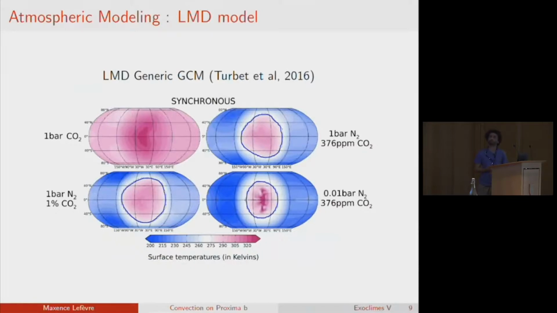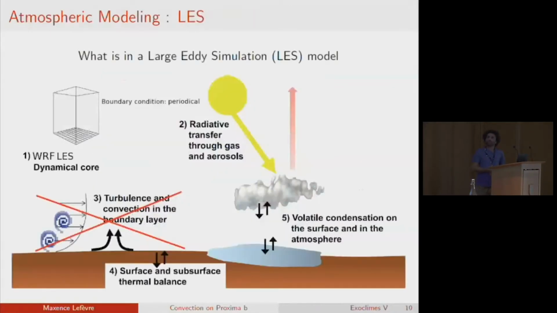So this is one of the models for the Proxima B case in the tidally locked configuration, with several compositions and the effect on the surface temperature.